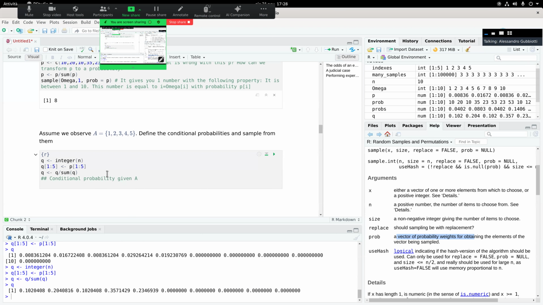So we can take a sample of one, and now instead of P, I put Q. So now I'm sampling from the conditional probability.